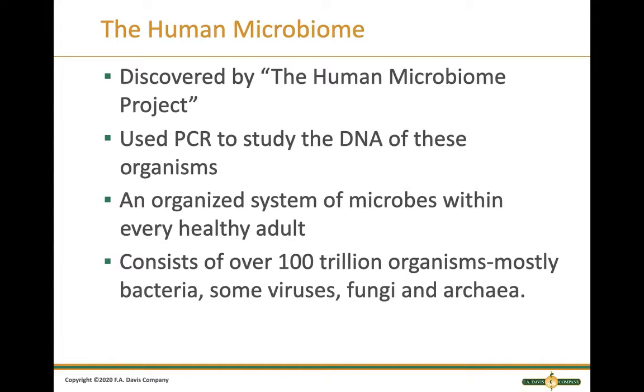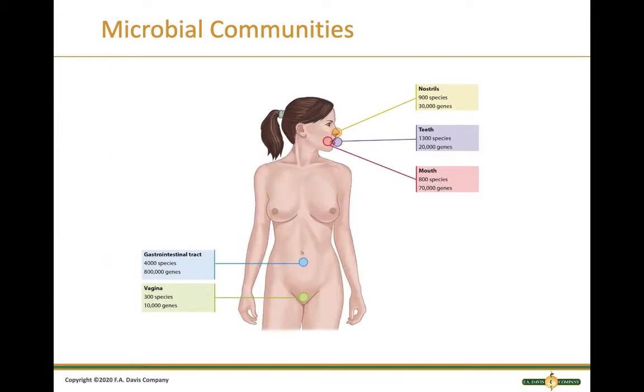So, what they discovered is this organized system of microbes within every healthy adult consists of over 100 trillion microorganisms. They are mostly bacteria, some viruses, some fungi, and some archaea. If you took all of them together, they would weigh about 3 pounds, but they're so small.